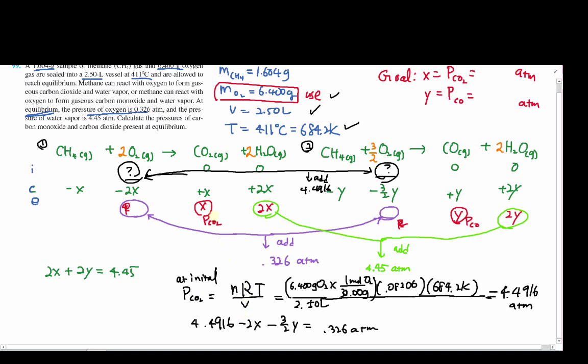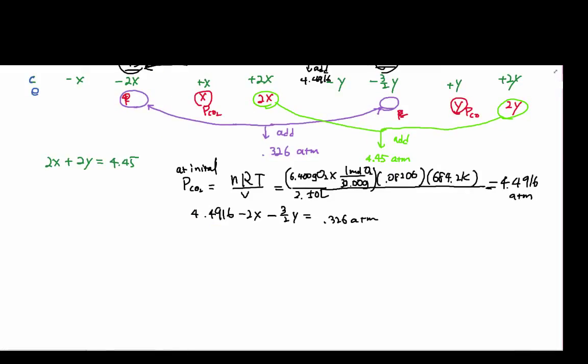So actually, we have two equations now. You have to kind of trim this. When you move this to the left, and maybe you can move these guys to the right, you're gonna get 2x plus 3 over 2 y equal 4.1656.